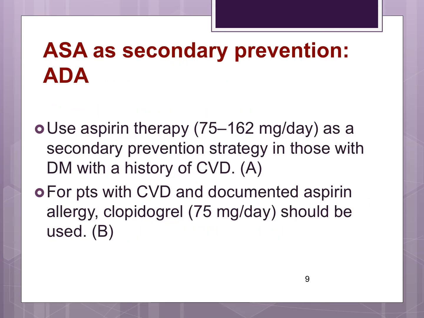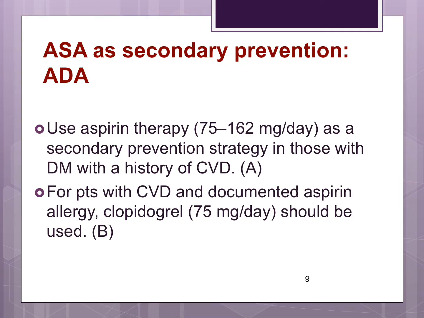But for secondary prevention, of course, most of the organizations would say to give aspirin among persons with diabetes who already have a history of cardiovascular disease. So let's say they've had a heart attack, they have documented coronary artery disease, they've had a bypass, or they have heart failure: yes, aspirin for secondary prevention, and alternatively, clopidogrel for those with aspirin allergy.